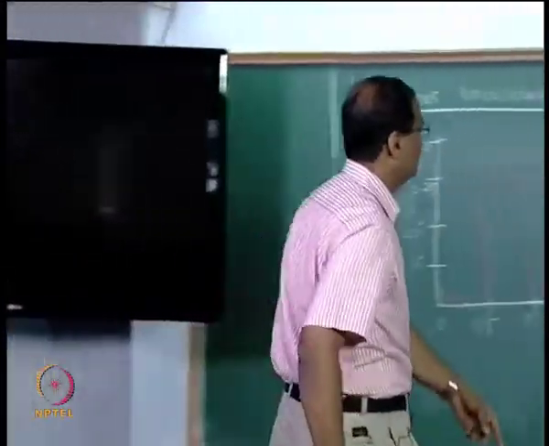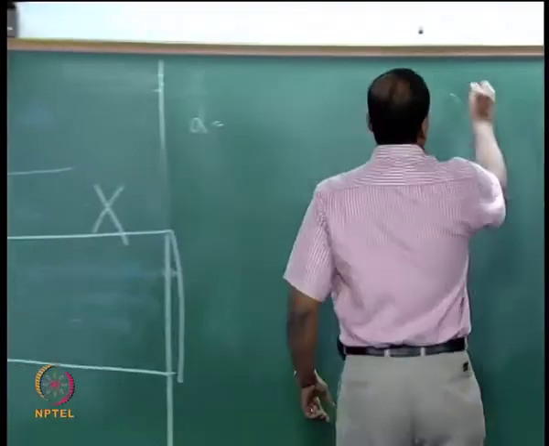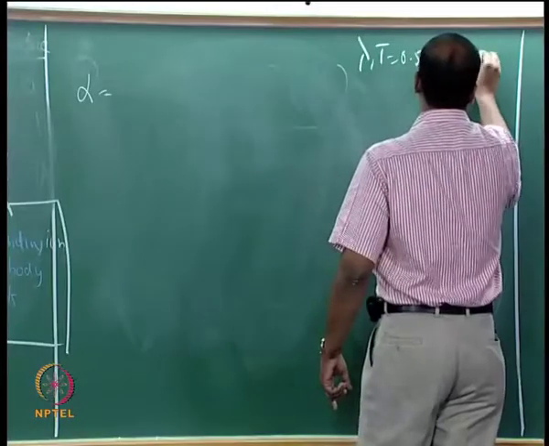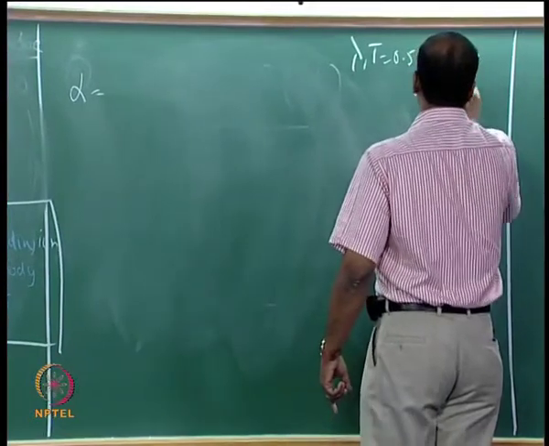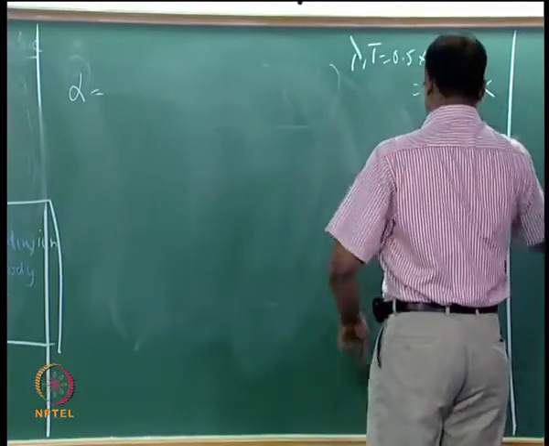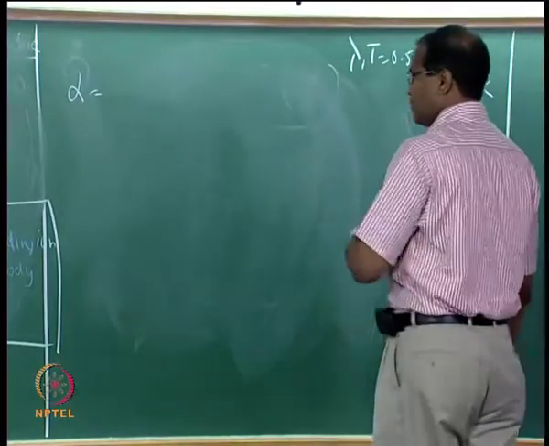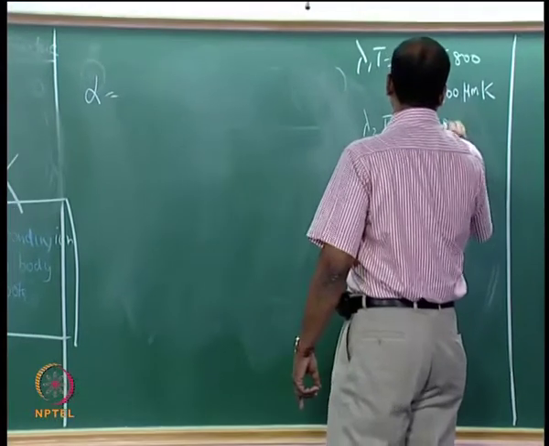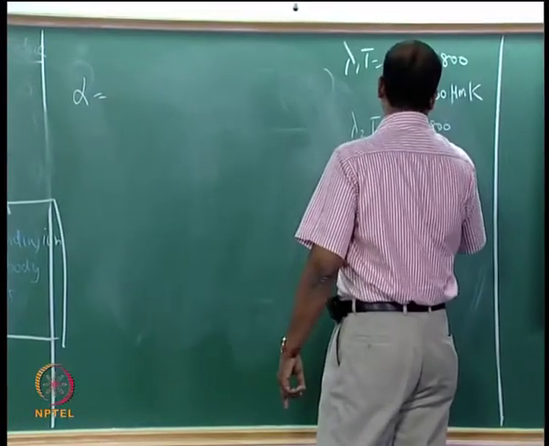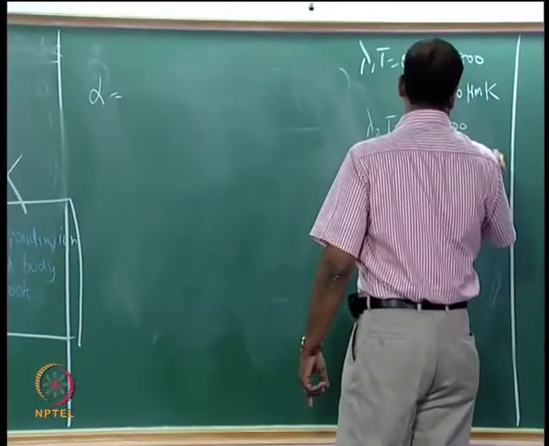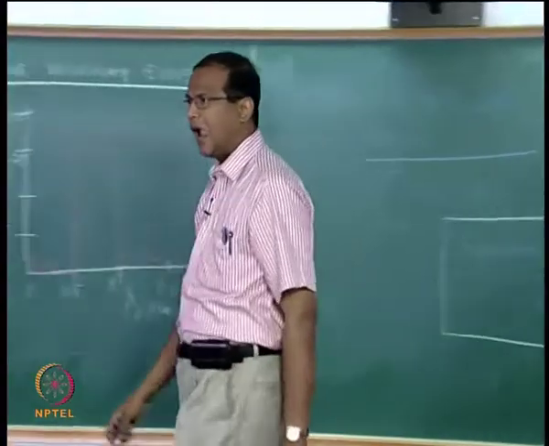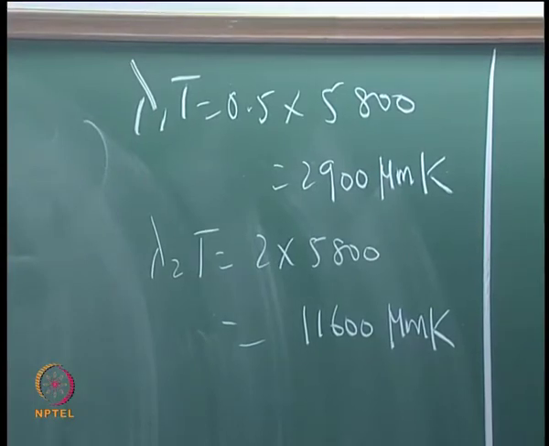Now I have to get lambda 2. Correct. Okay, now please tell me f of 0 to lambda.